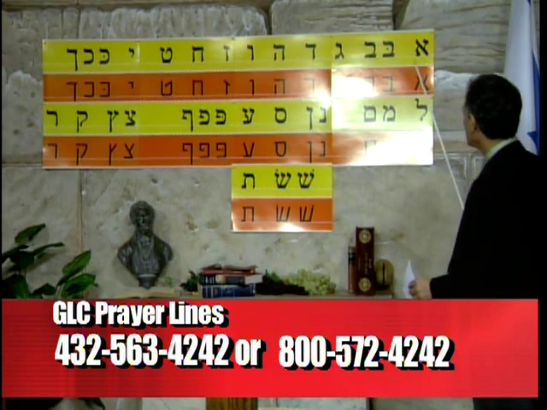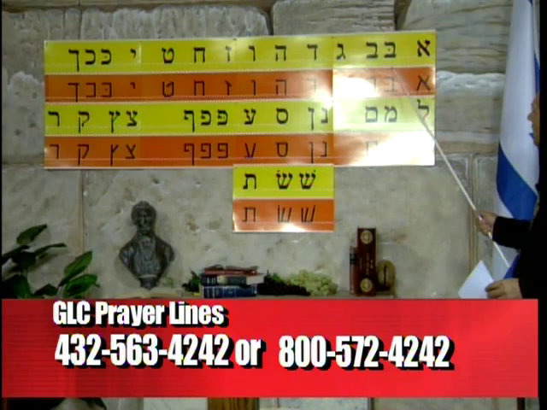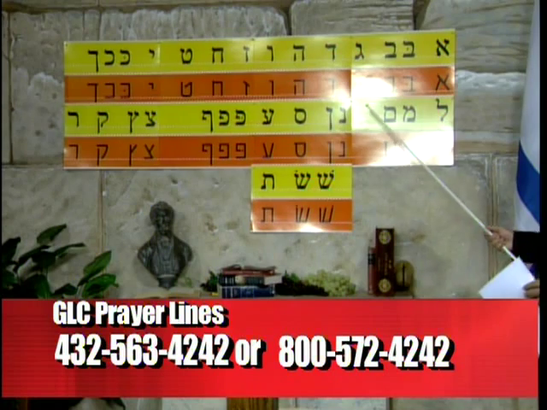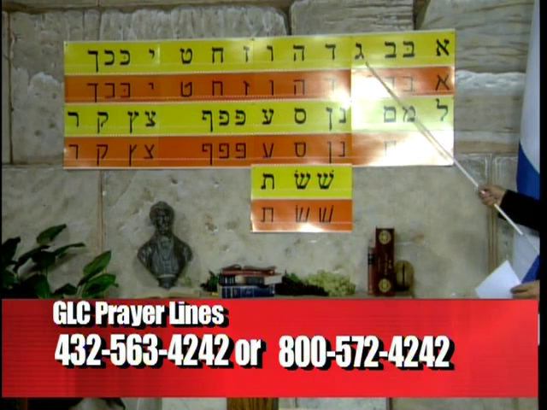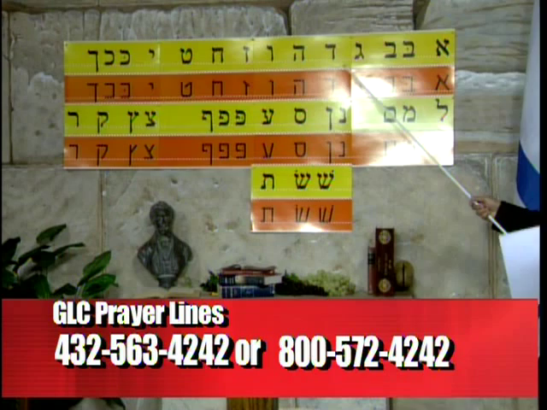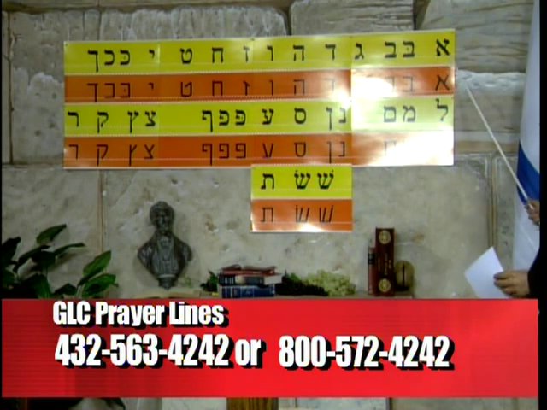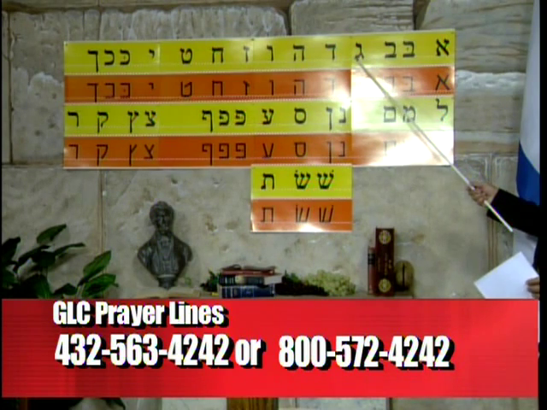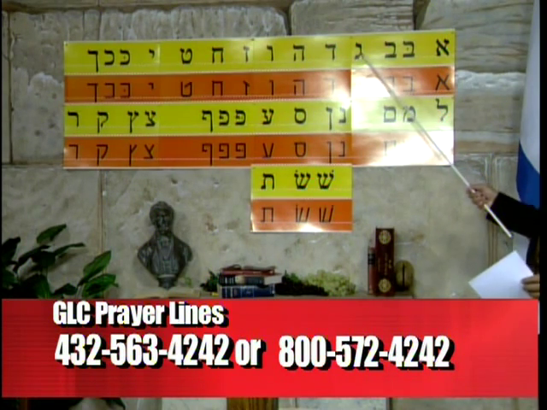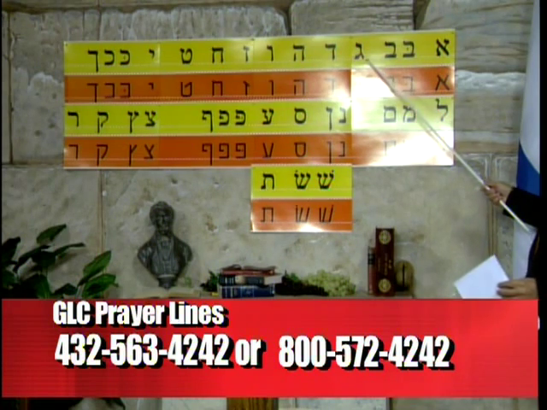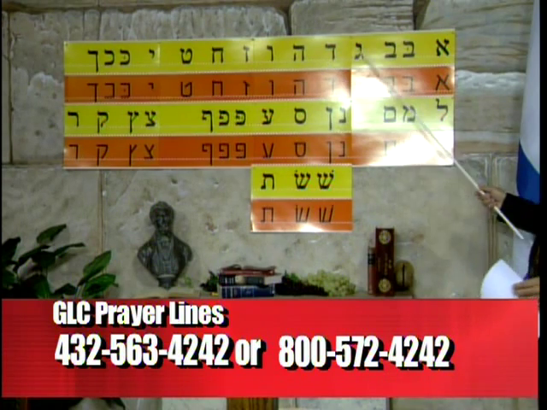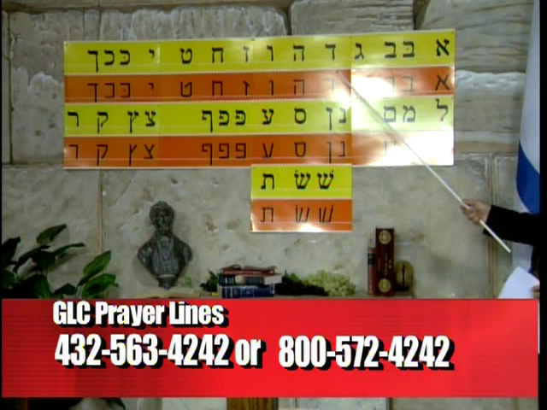We have in Hebrew Aleph, Bet, Gimel, Dalet. In Greek, we have alpha, beta, gamma, delta, exactly the same sounds. In English, we have A, B, the Gimel, which is a G sound, was turned into C. And then Dalet is still the same, the D. A, B, C, D, Aleph, Bet, Gimel, Daled, Alpha, Beta, Gamma, Delta.